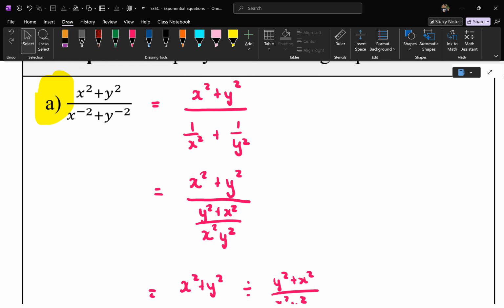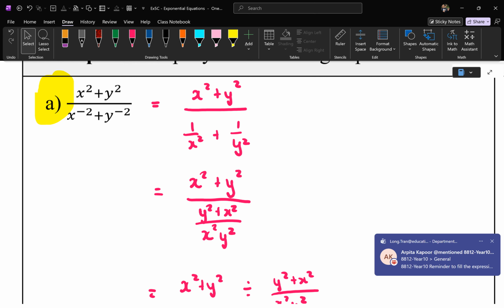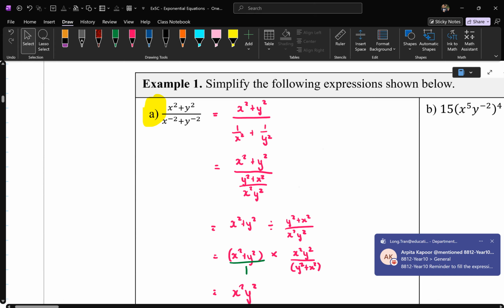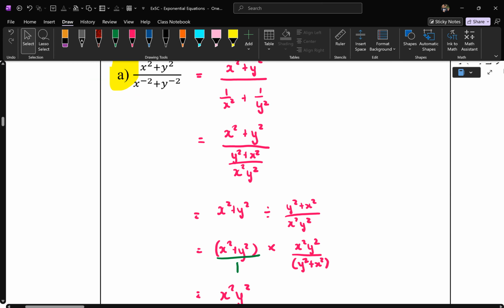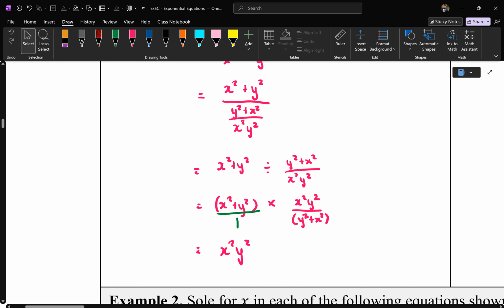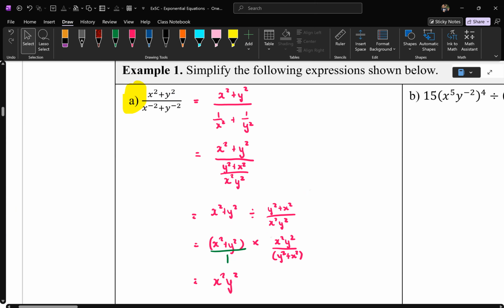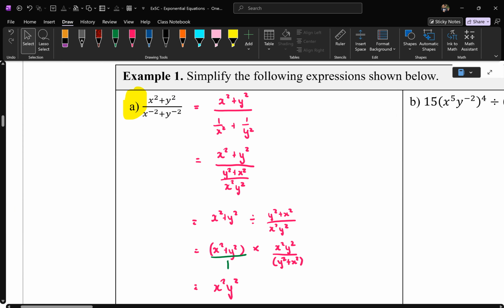Plussing y squared, x squared, denominators x squared, y squared, yes. And then the reciprocal, so... Yeah, and then those 2 cancel out, don't they? Wait, did I do something wrong? What did you guys do wrong?